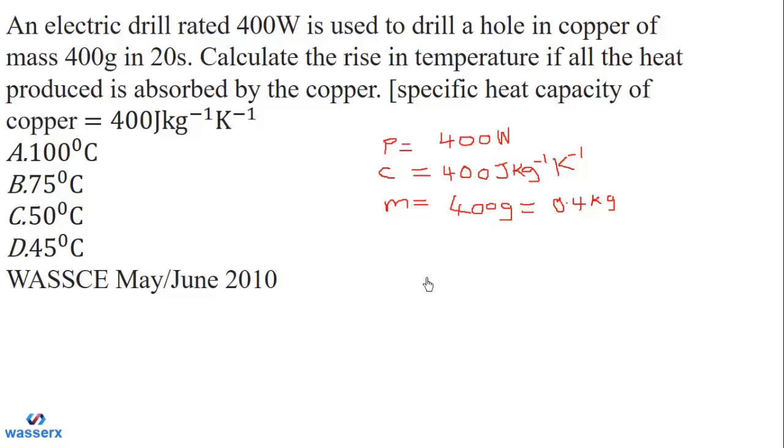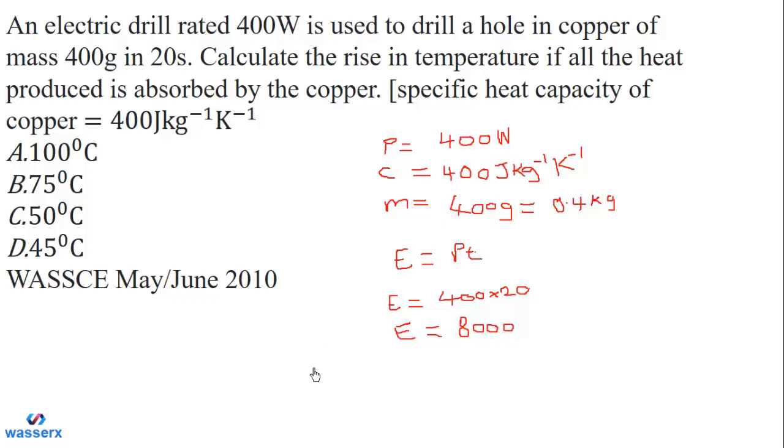What next? You need to recall that the heat energy produced is given by E equals P times T. We were given T as 20. So we have P, which is 400, times the time, which is 20 seconds, and that will give us 8,000.